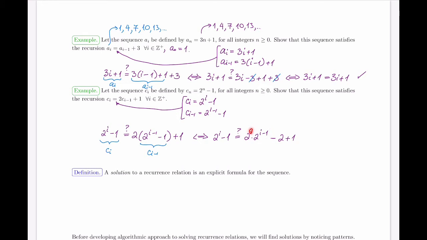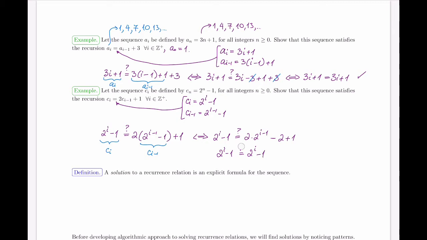This is 2 to the power 1. And when we multiply powers of the same base, so they both have 2 in the base, we're going to add the powers up. So I'm going to have 1 plus i minus 1. So of course, altogether, this power is going to be i. So this altogether is just 2 to the i. Okay. And then what do I have here? Minus 2 plus 1 is going to be minus 1.